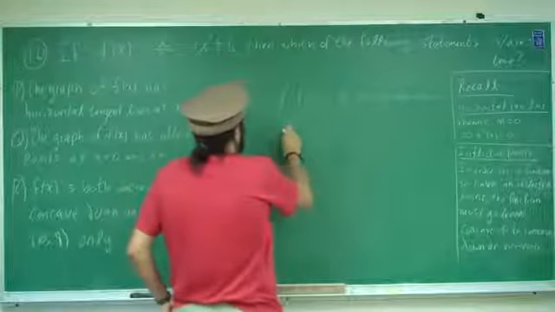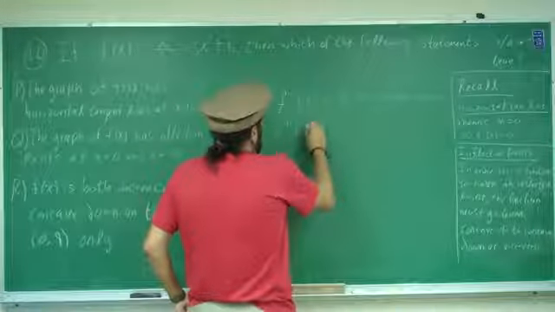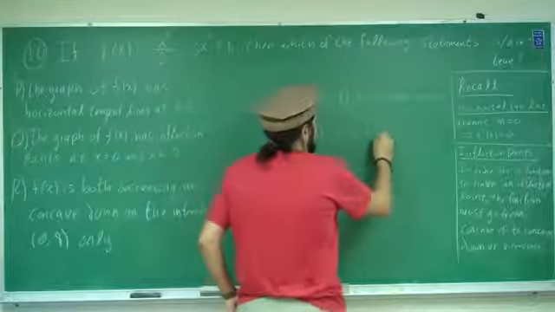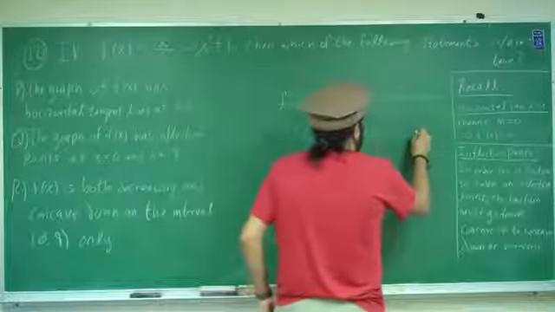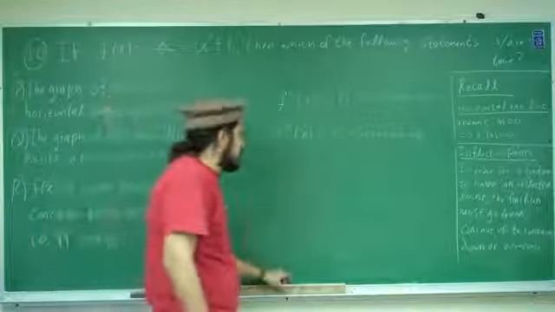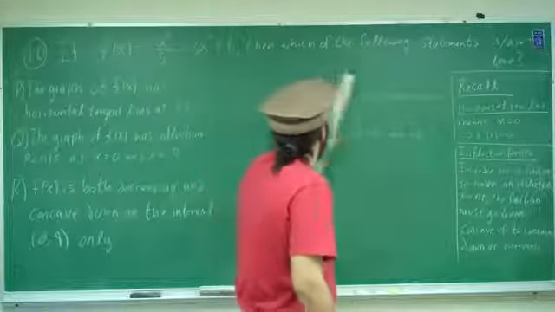And if f double prime evaluated at some x is greater than 0, this implies it's concave up on that interval that you're testing. Okay, so we're going to use this fact.